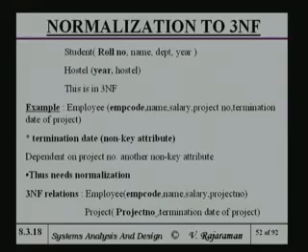Whatever it is, if you look at the termination date of a project, it is functionally dependent on the project number, because any given project has a unique termination date. So non-key attributes, namely termination date and project number, are actually related.